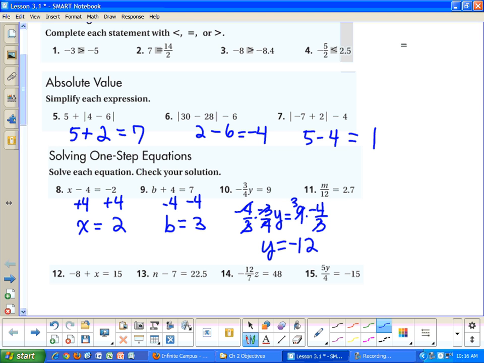Here we're going to multiply both sides by 12. And when we do that, 12 divided by 12 is 1m, and 2.7 times 12 is 32.4.